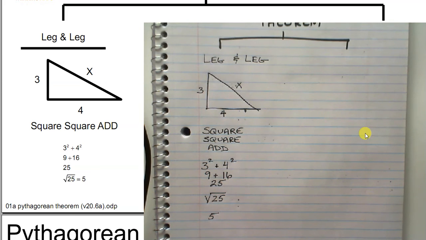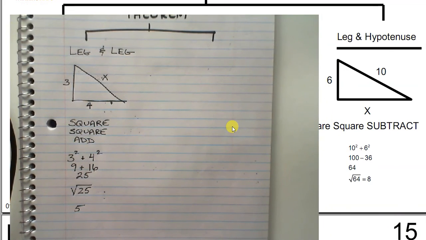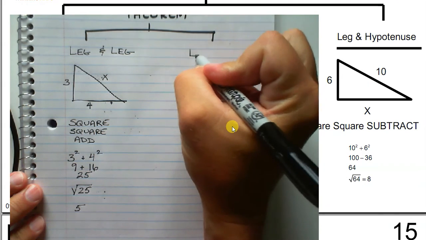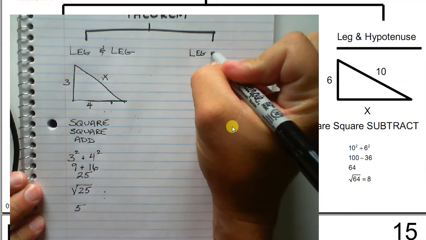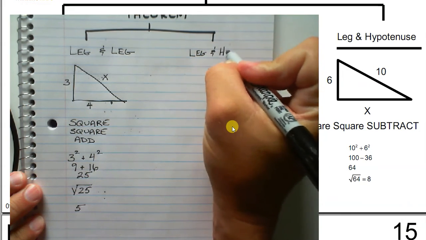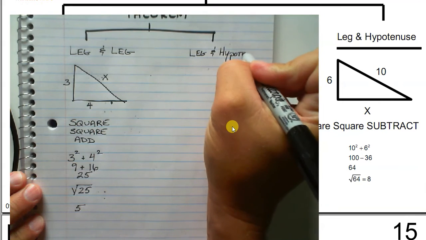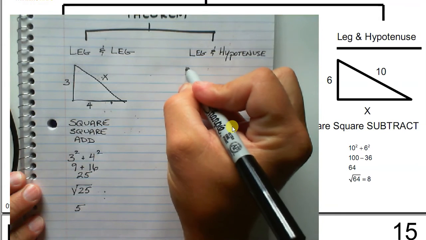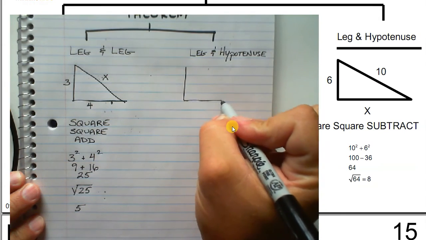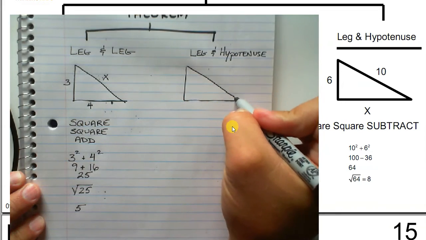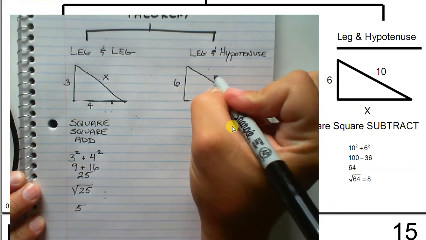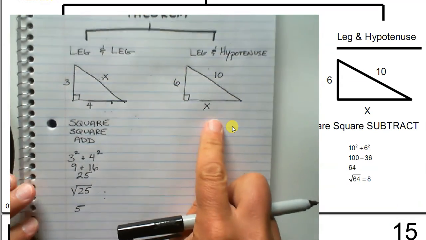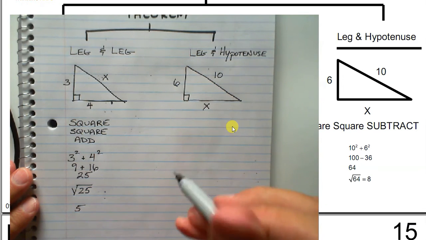If I have a leg and a hypotenuse, here's an example of a leg and a hypotenuse. I'm going to do a square-square subtract.